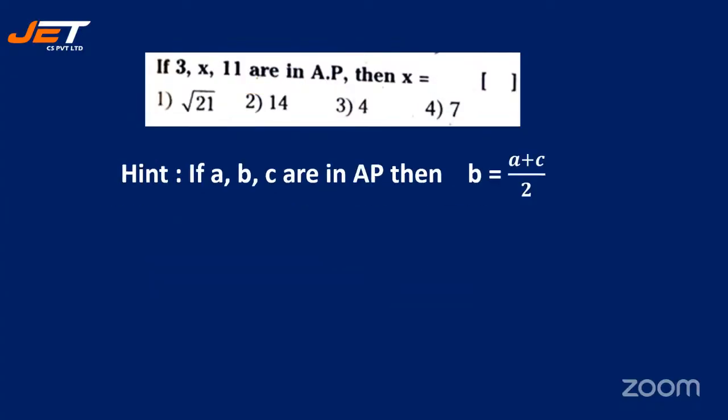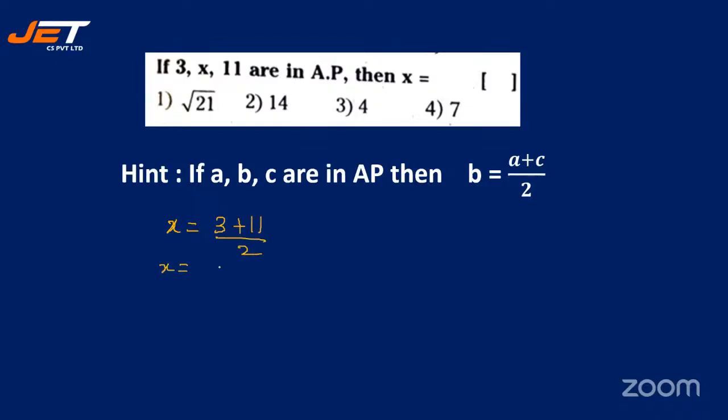We have 3, x, 11 are in AP. Then we need to find out the value of x. The formula for AP is, if A, B, C are in AP, then B is equal to A plus C by 2. So x is equal to 3 plus 11 by 2.